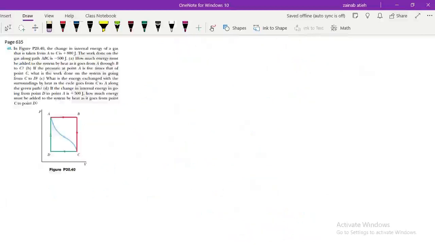Now we will do problem 40, page 635. In figure 20.40, the change in internal energy of a gas that's taken from A to C is 800 joule. So we have delta U AC equal to 800 joule.